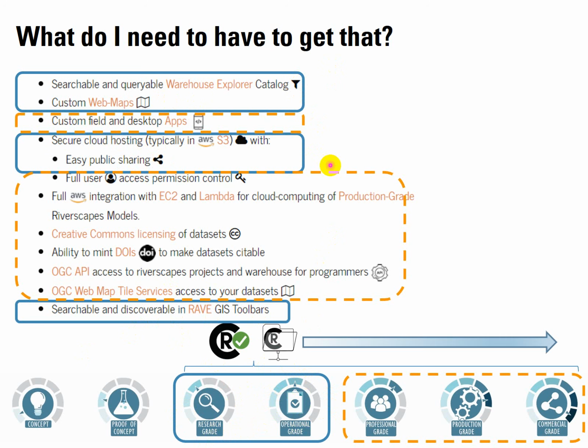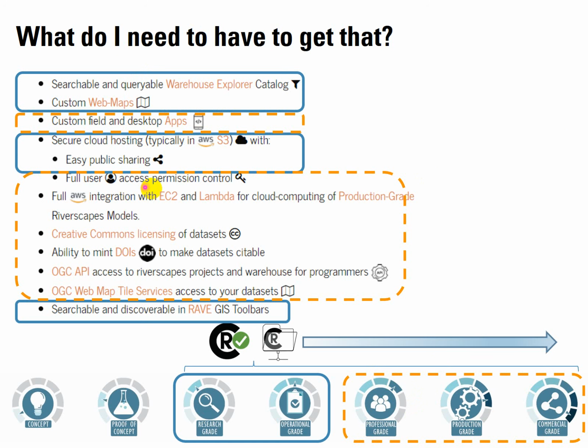Now, when we start looking at some of these other things, these are more the products of when we get professionals involved in deploying these tools and the data set outputs that might be hosted in a data warehouse, where you need a little bit heavier lifting. But these then allow us to build custom field and desktop web apps and progressive web apps.